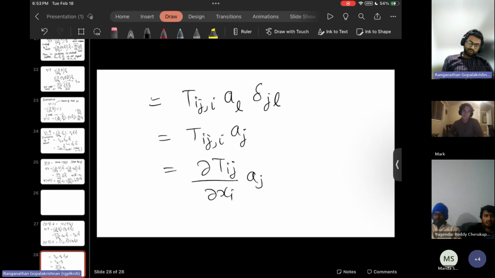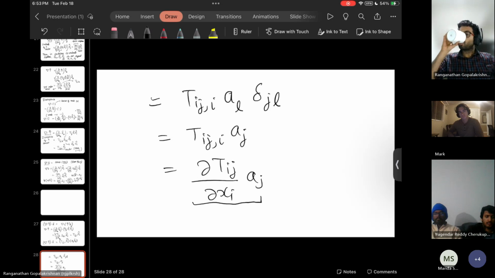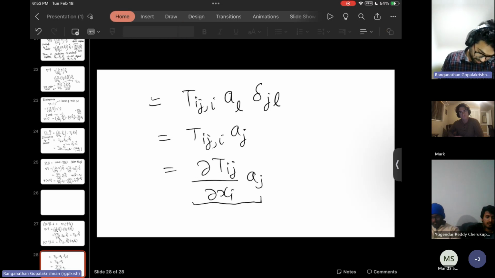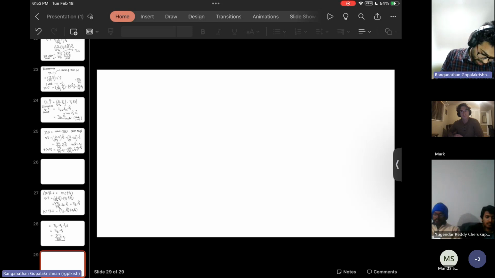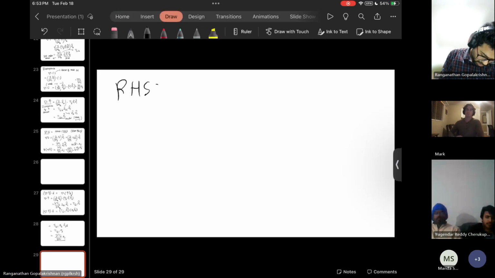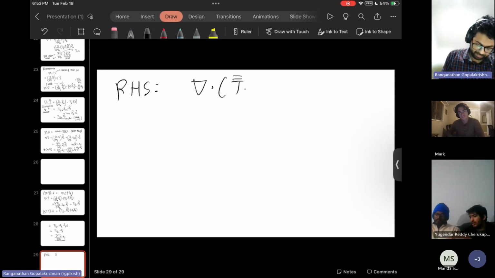And now we have to also show the right side will also reduce to the same expression, which will prove that they are both the same, right? So what's the right side? The right hand side is divergence of T dot A, which is, I'll leave divergence alone for the time being.